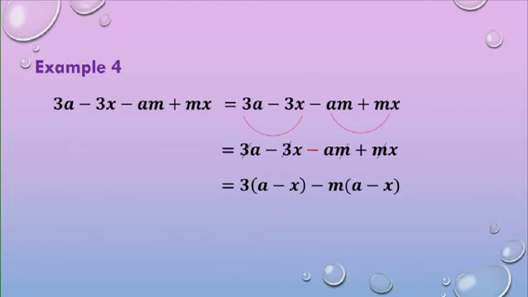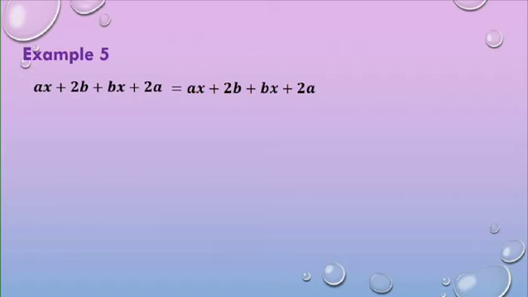Again, because we are dividing the last two terms by minus m. If we divide minus am by minus m, we have positive a. And if we divide positive mx by minus m, we have minus x. The common factor here is a minus x. So the factorization of 3a minus 3x minus am plus mx is a minus x within brackets followed by 3 minus m within brackets.